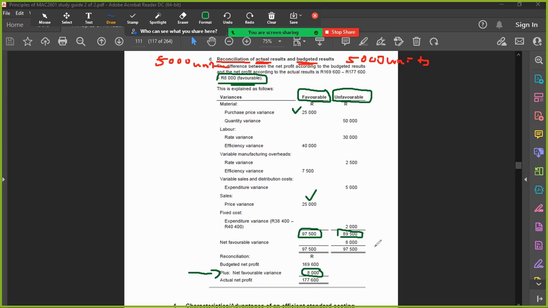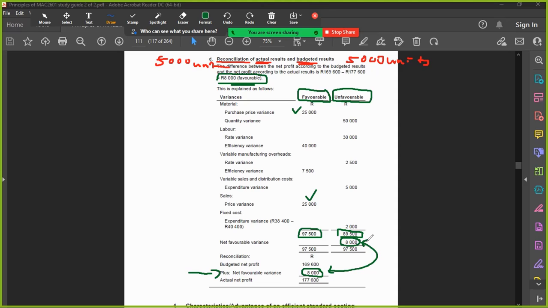So what is the difference? The 8,000. The 8,000 is confirmation that you have saved on certain costs and that you've exceeded certain income. In other words, you did better in terms of sales and you managed your costs a lot better than you had expected.